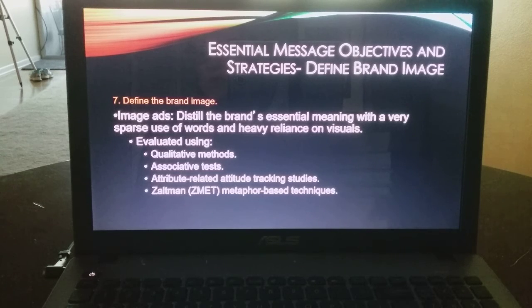So another strategy is this idea of defining the brand image. You want to make sure that people understand what it is that your brand stands for. Does your brand stand for ethics? Does your brand stand for patriotism, family, that kind of thing?